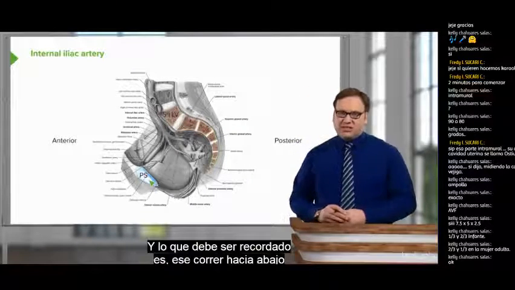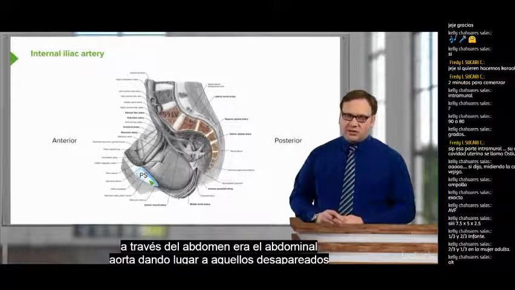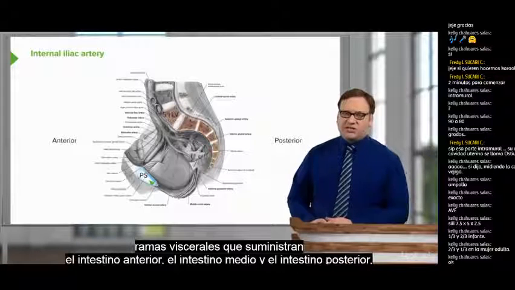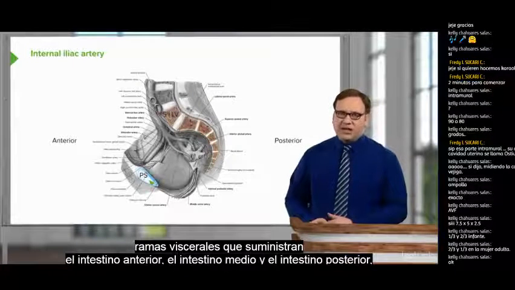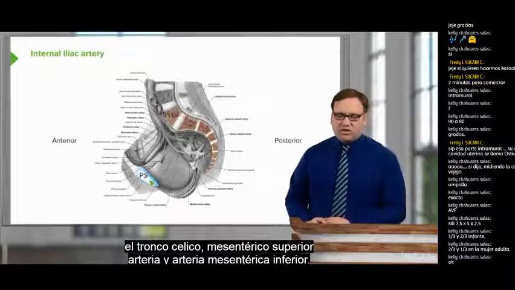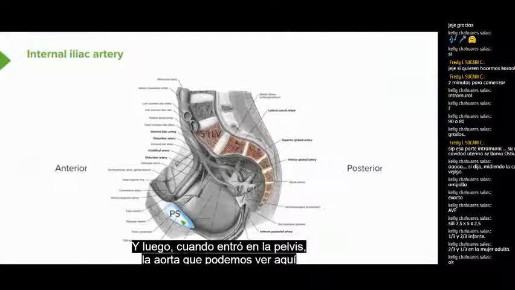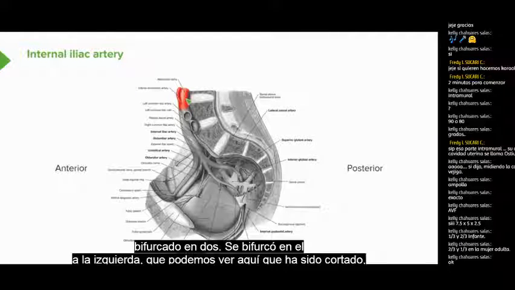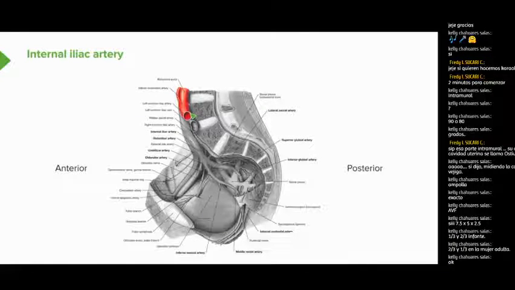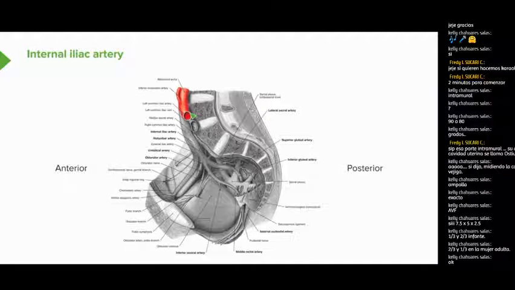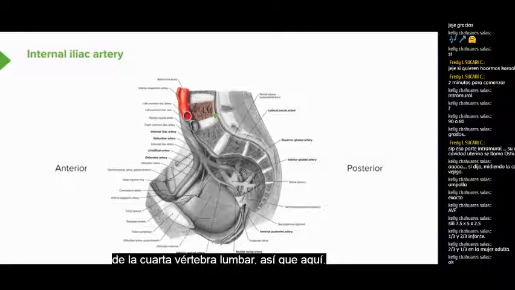And what you should be able to remember is that running down through the abdomen was the abdominal aorta, giving rise to those unpaired visceral branches that supplied the foregut, midgut and hindgut, the celiac trunk, superior mesenteric artery and inferior mesenteric artery. And then as it entered into the pelvis, the aorta, which we can see here, bifurcated into two. It bifurcated into the left, which we can see here that's been cut, and the right common iliac artery. And this occurred at around about the level of the fourth lumbar vertebrae, so about here.